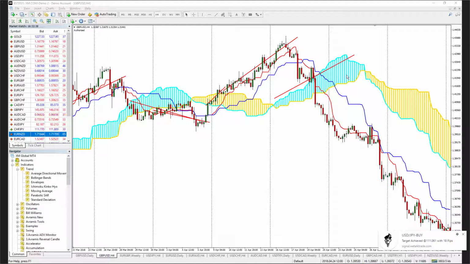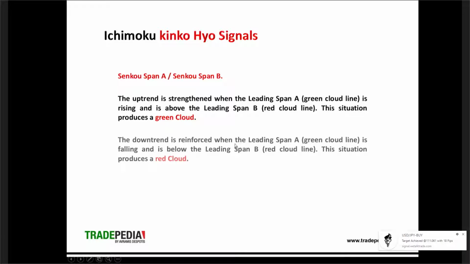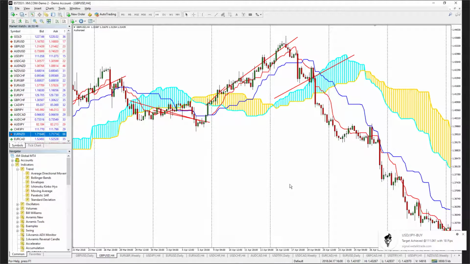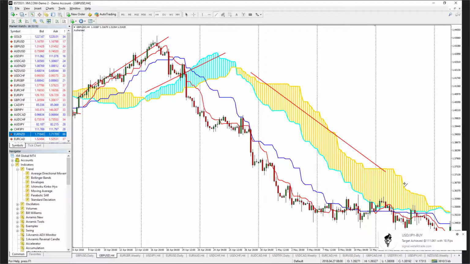Yes? And the downtrend is strengthened when leading span A goes below leading span B, producing a red Kumo or a bearish Kumo. So the downtrend is reinforced or strengthened when we have a bearish, or in my case, orange looking Kumo.